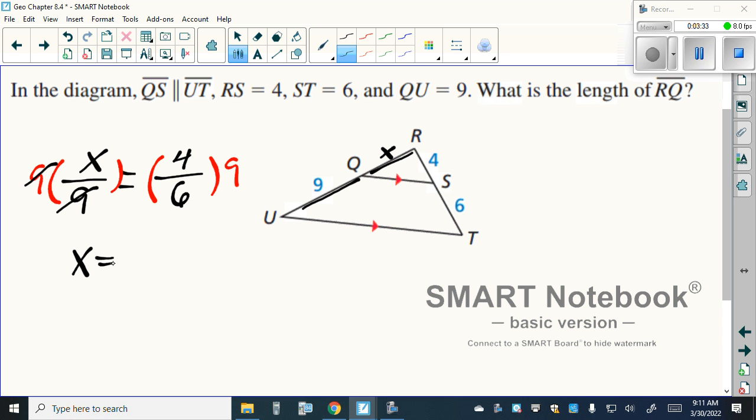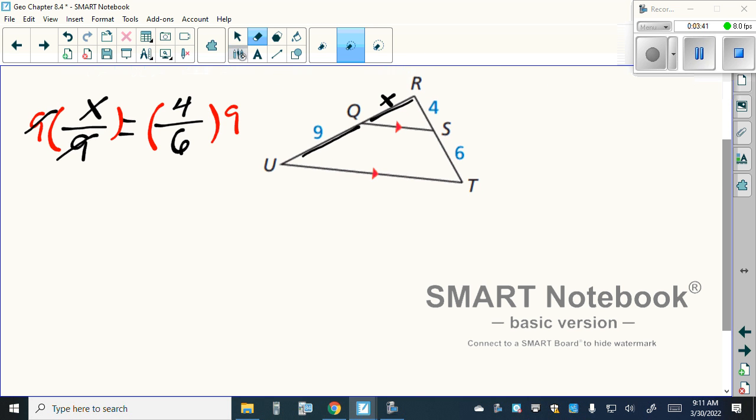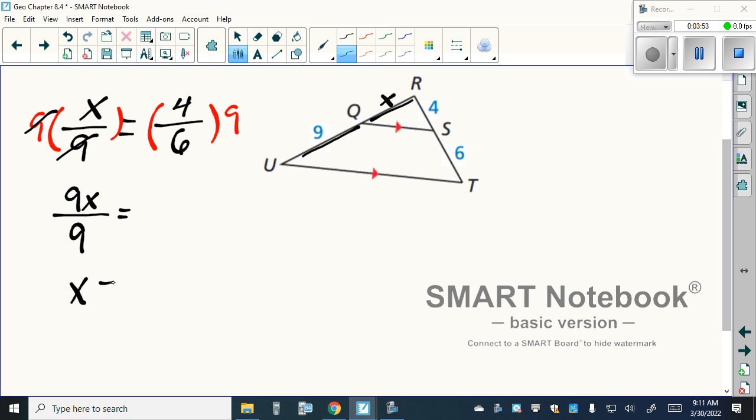Normally we just cross it out, but as a reminder, when we multiply this by 9, we actually have 9x over 9, and 9 divided by 9 is 1, so it just gives us x. That's why we're able to just cross it out.